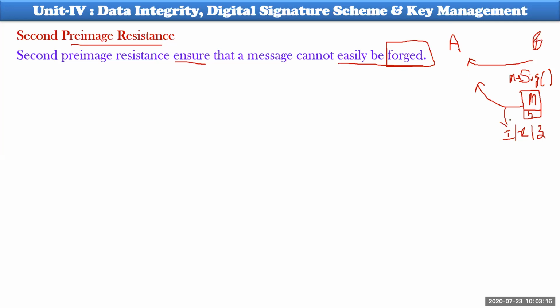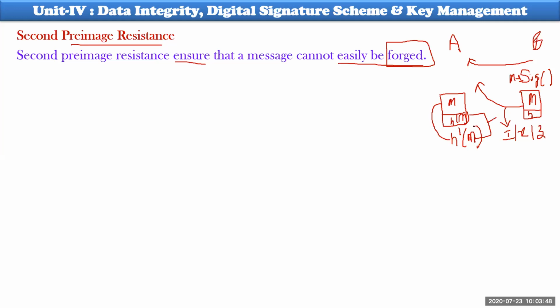But here we need to understand, soon after Alice receives this message, she will again calculate the hash, the hash of that particular message, that is H prime of message, and she will compare these two, whether they are the same or not.